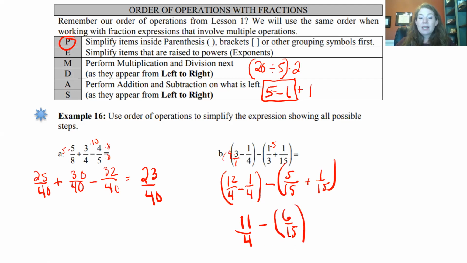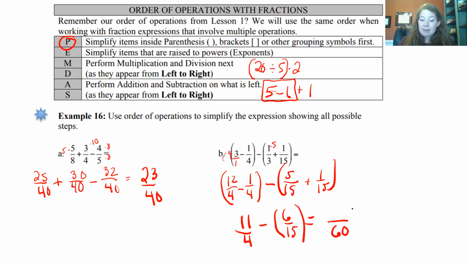All right, now we're allowed to subtract, but we can only subtract if we have common denominators. So let's just go ahead and multiply 4 times 15, and we get 60. So we're going to use 60.